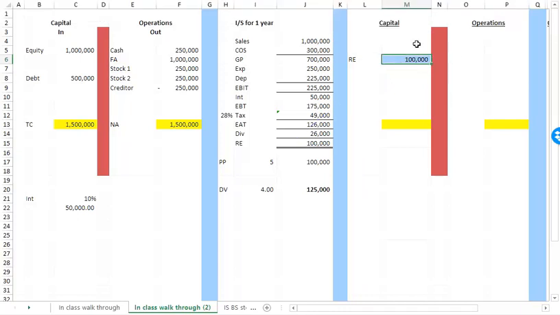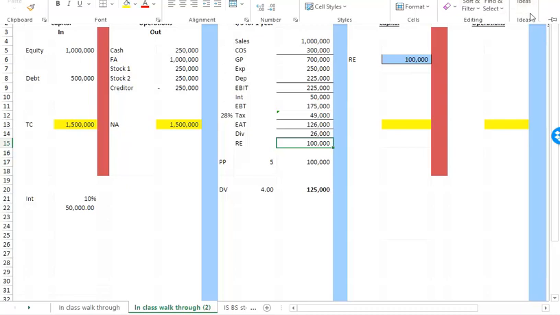Now we are ready to complete the balance sheet after our year of trading. So what I'm going to do is, since we started with retained earnings here at the bottom, as we complete these numbers, I'm going to add in some coloring.